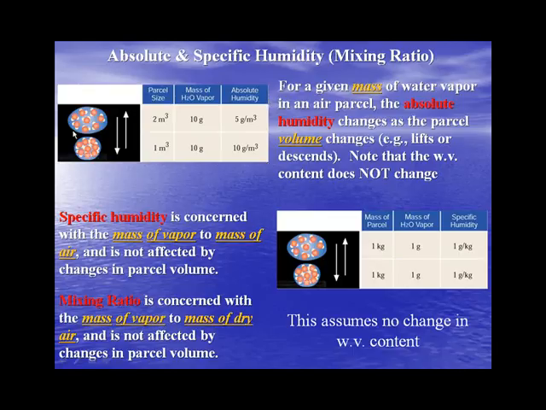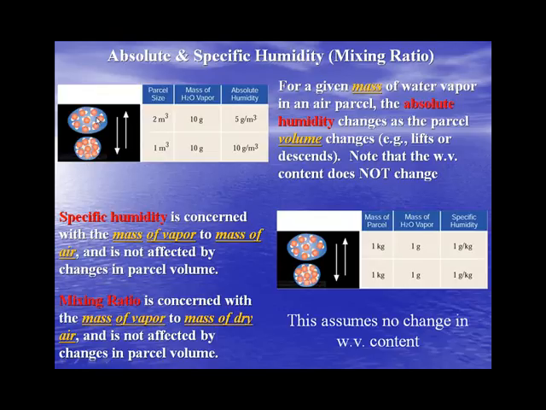We have an air parcel here, and as it begins to sink, the air parcel begins to become smaller. In other words, its volume begins to decrease. So you see the air parcel up here has a volume of 2 meters cubed. If we lower it in the atmosphere, it begins to shrink, and in this example, the parcel size is 1 meter cubed.